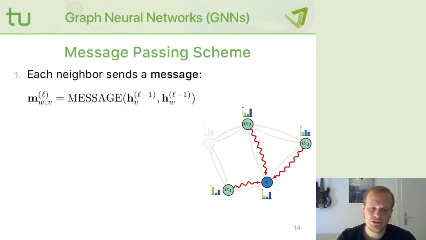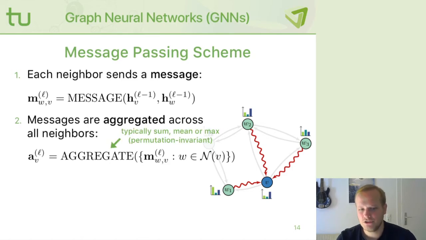This procedure can be described more formally by the concept of message passing, where neighboring nodes exchange messages to update their representations. First, each neighbor W of a node V sends a message along its edge, and this message might be based on the target and source node representations h_V and h_W of layer L-1. Next, these messages are aggregated across all neighbors.